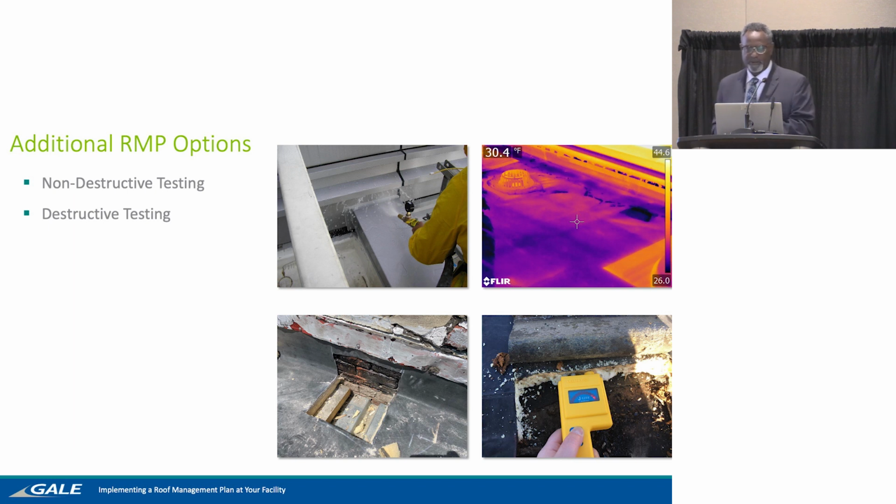Do some infrared. Infrared, I want to remind you, does not indicate moisture like everybody thinks it does. It indicates a differential of heat. That's what infrared does. So what happens is water retains that heat a little longer as the day goes on.